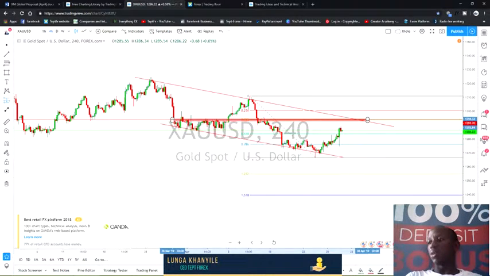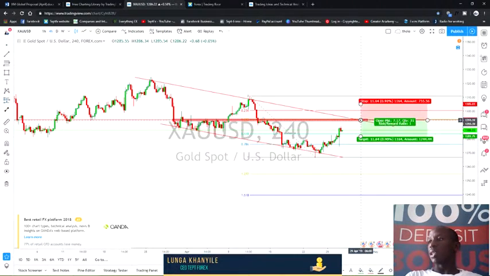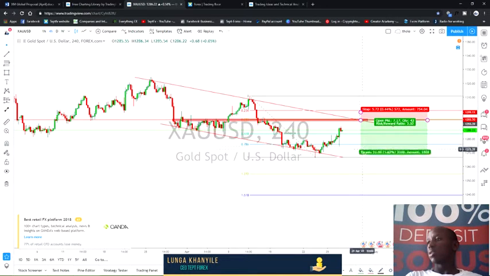So our trade will look something like this. Our entry point will be right there. That should be our entry point, and our target should be right there.